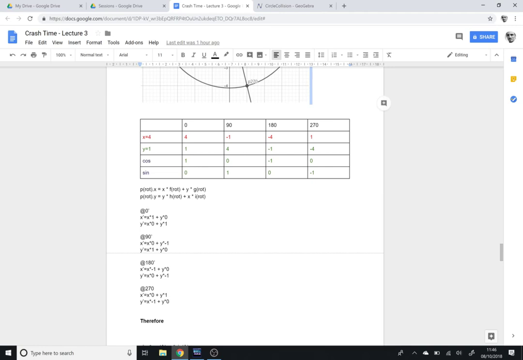And we can work out that at 0, x is x times 1 and y is y times 0. And y is x times 0 plus y times 1. That one seems really obvious. In other words, x is x times 1 with no y. And y is x times 0 plus y times 1 because there's no x. Yeah?